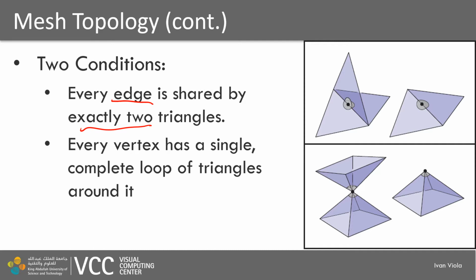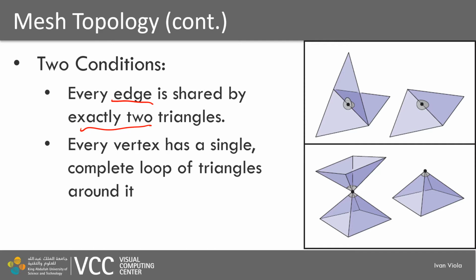So if you think about that, this condition will not hold for an object which would have a hole in itself, because on that hole the edges will have just one triangle, or on the boundary. So this condition will not be fulfilled for manifolds with boundary, but that is understood.